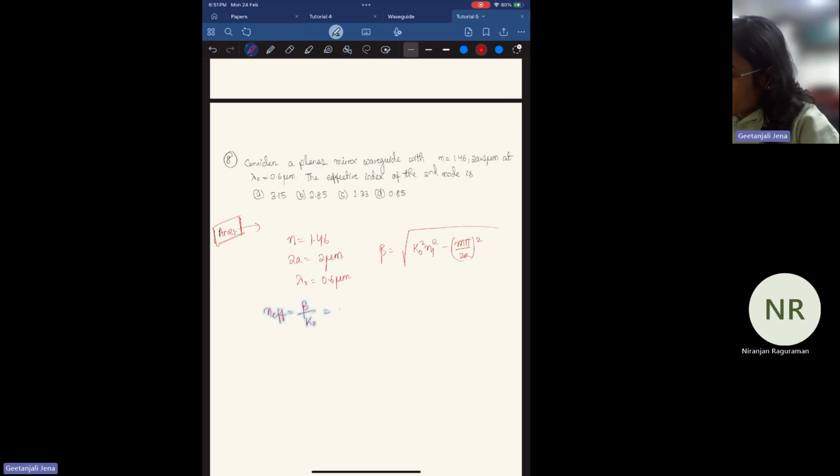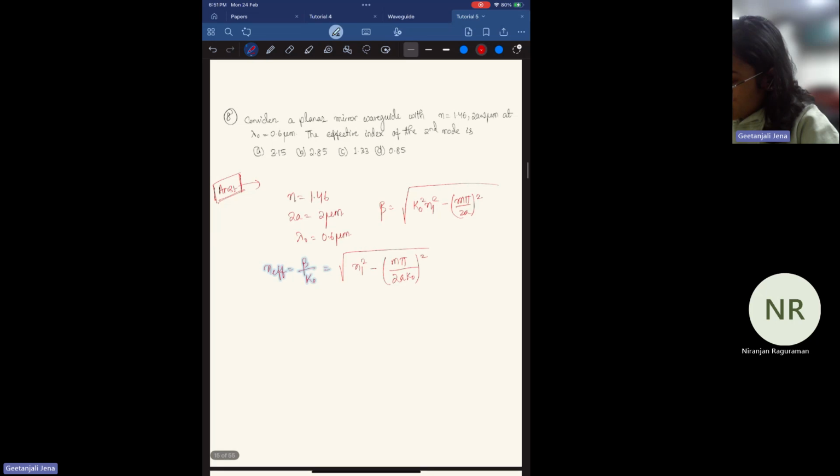So beta by k0 will be square root of n1 square minus m pi over 2a k0 squared. All the parameters are given: n1 is 1.46, and for the second mode m is 2, right?